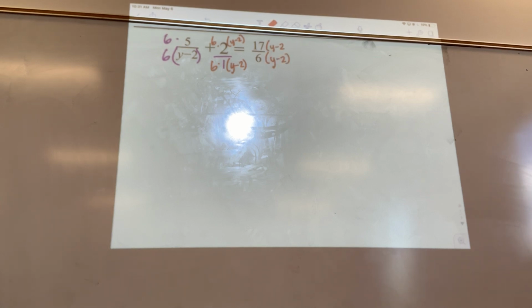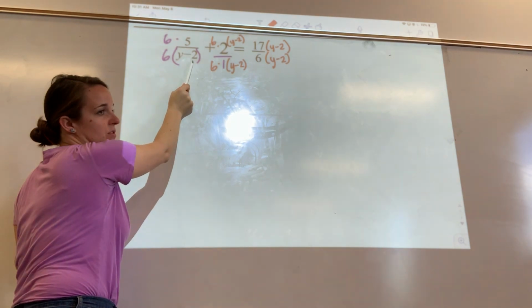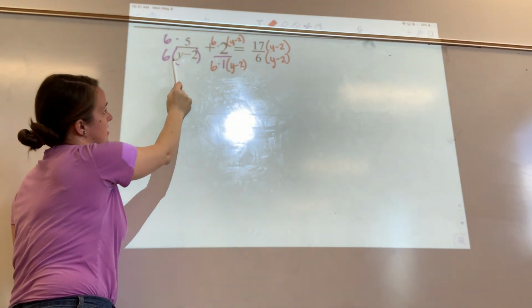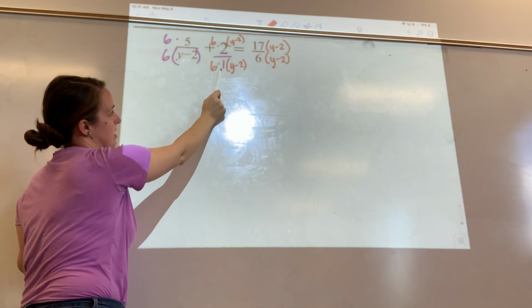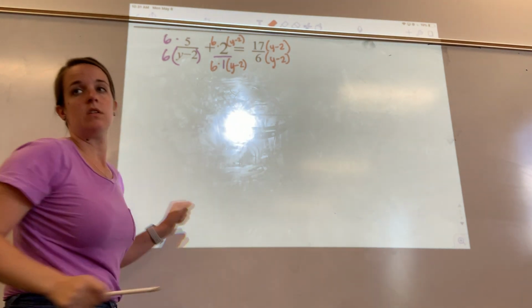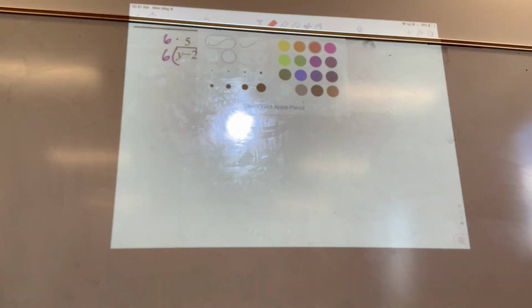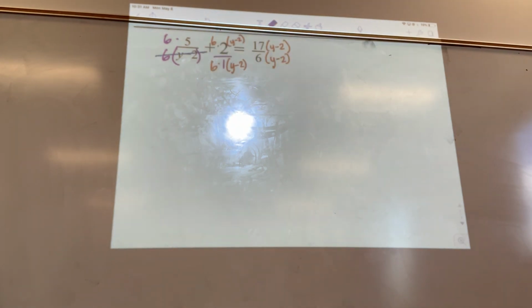And a y minus 2. Okay. Does everyone have now 6 y minus 2s? So 6 times y minus 2, 6 times 1, that'd be 6 y minus 2, and 6 times y minus 2. So everyone has the same denominator now, which means that we can eliminate it by multiplying both sides by 6 y minus 2.